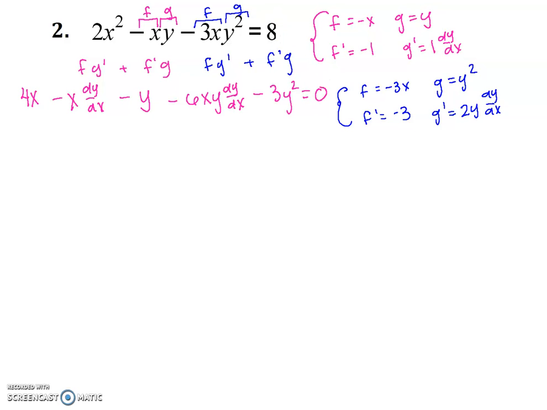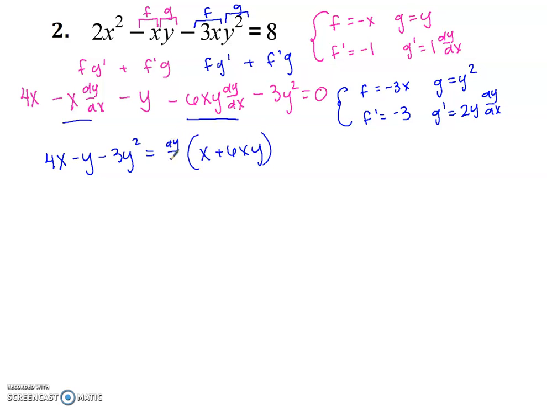And then from here, I'm going to move all my dy dx's to one side and everything else to the other side. So since both of my dy dx's are negative, I'm going to go ahead and move them to the right. So I'm going to leave the 4x, the minus y, the minus 3y squared. I'm going to move both of these over, so that will make it x and a plus 6xy.